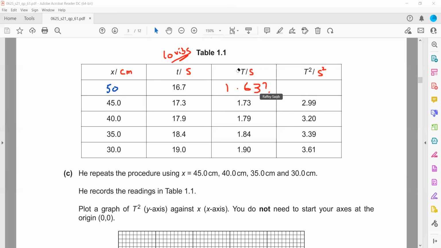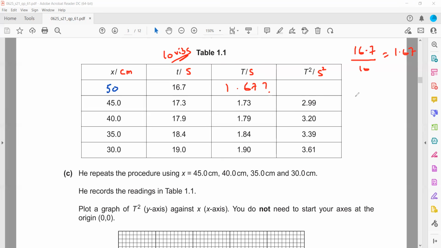It is not .67, because we are dividing by 10. The time for 10 oscillations is 16.7. So if it is 16.7 for 10, we need it for 1, so we divide by 10, so it will be 1.67.